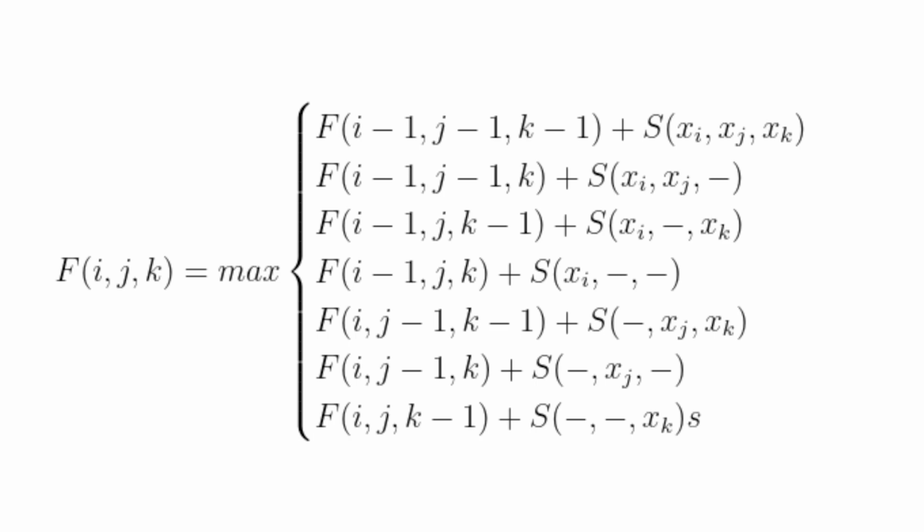The problem with multi-dimensional dynamic programming is that it is completely unscalable for more than 3 sequences. The size of the dynamic programming matrix is L to the power n, where L is the length of each sequence and n is the number of sequences.